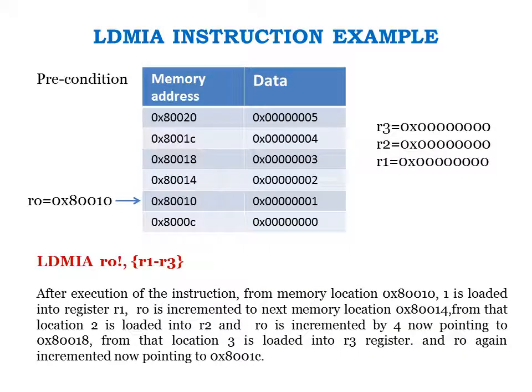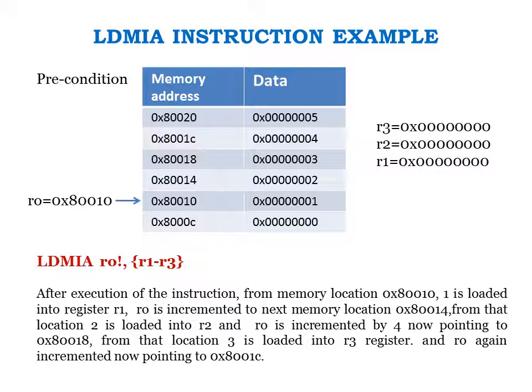So let us understand the LDMIA instruction with an example. Here a block of memory location diagram is shown, and the arrow is pointing to the base address, that is 80010. Starting from that address, a set of data exists from 10 to 20.